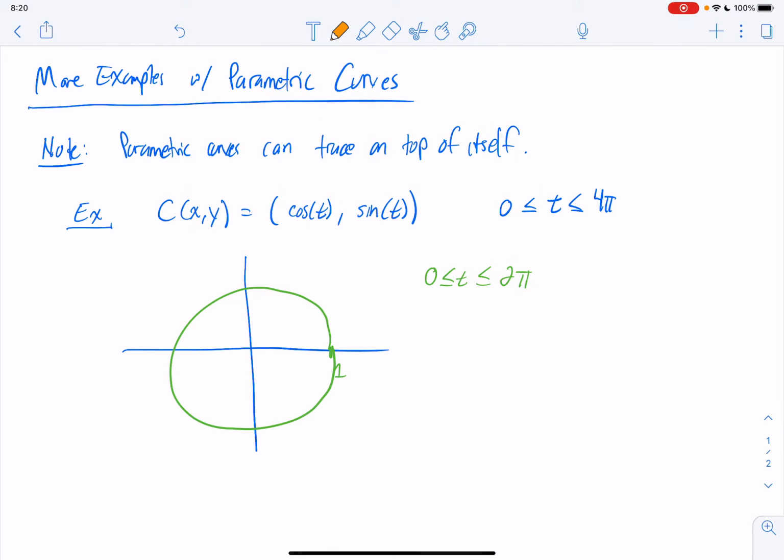And the minute that t enters between 2 pi and 4 pi, and it goes around that extra little bit, my parametric curve is literally tracing out the exact same thing all over again.